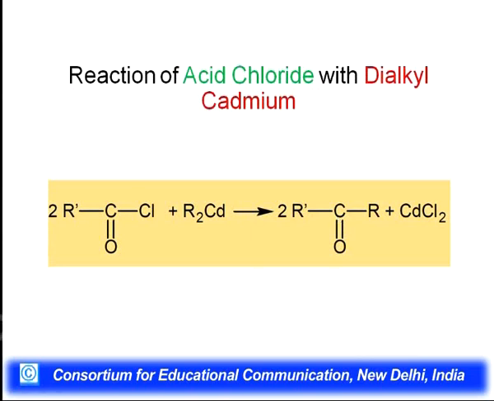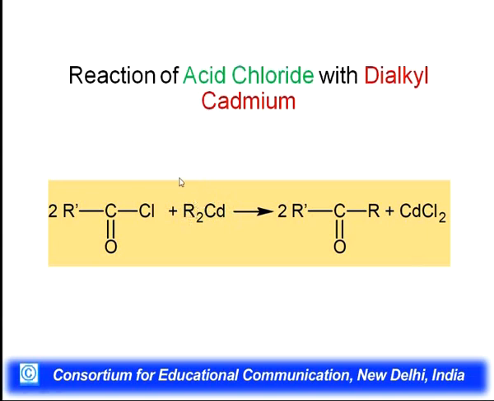The next method of preparation is, we can also do the reaction of acid chlorides with dialkyl cadmium. Again please remember, this dialkyl cadmium is a organometallic compound. That means this R will act as a carbanion here.